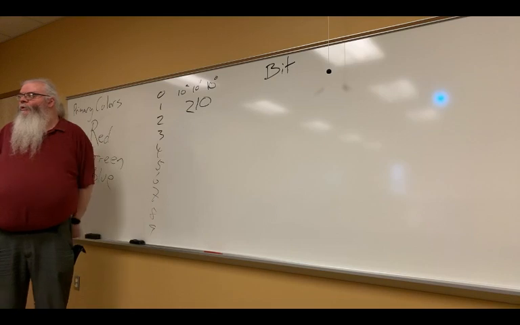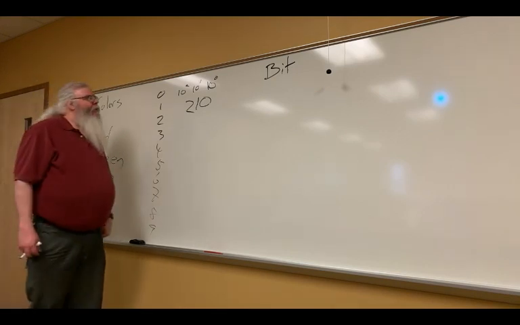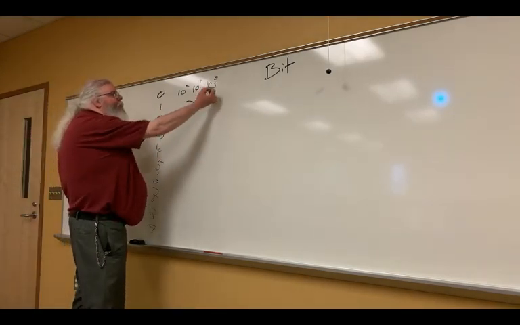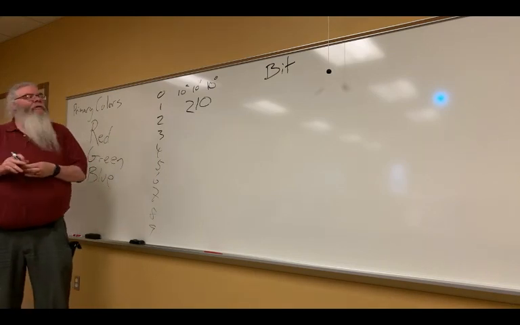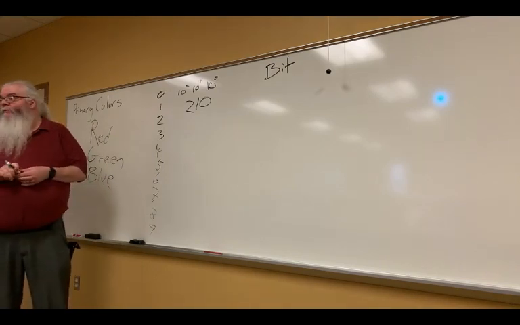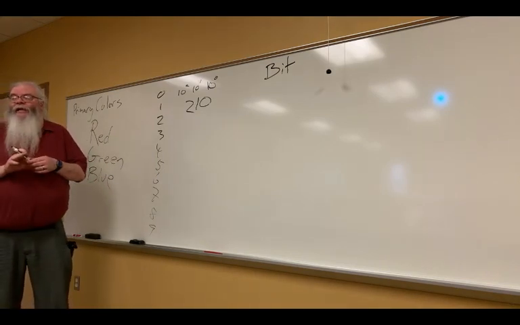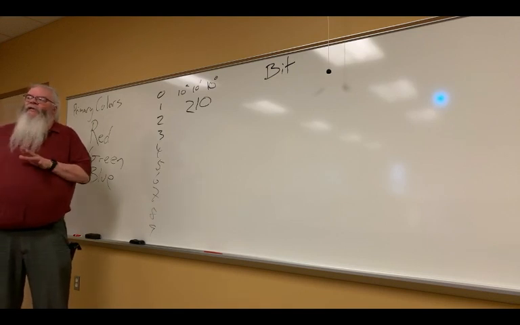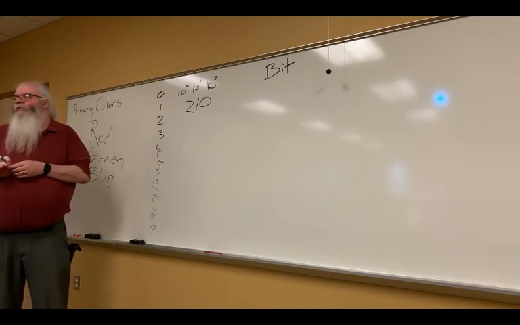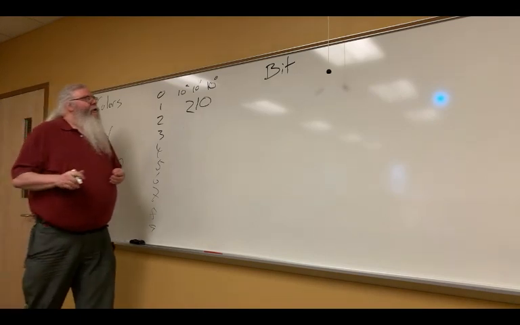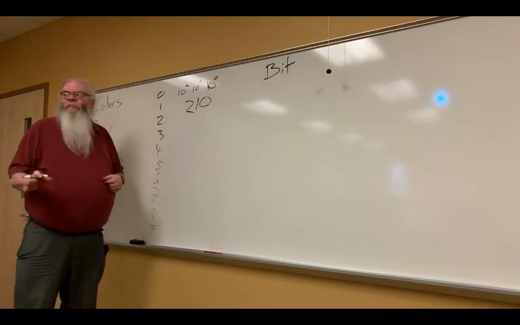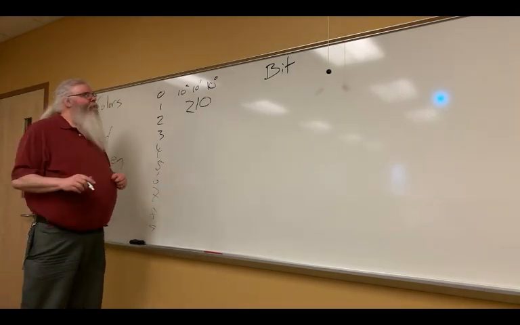This is our counting system. This is what we use every day. We're taking 10 to the 0 power. Anything to the 0 power is 1. And you just have to trust me on that. If you'd like to know why, there are several math classes that'll go into that. But for now, just accept that anything to the 0 power is 1.